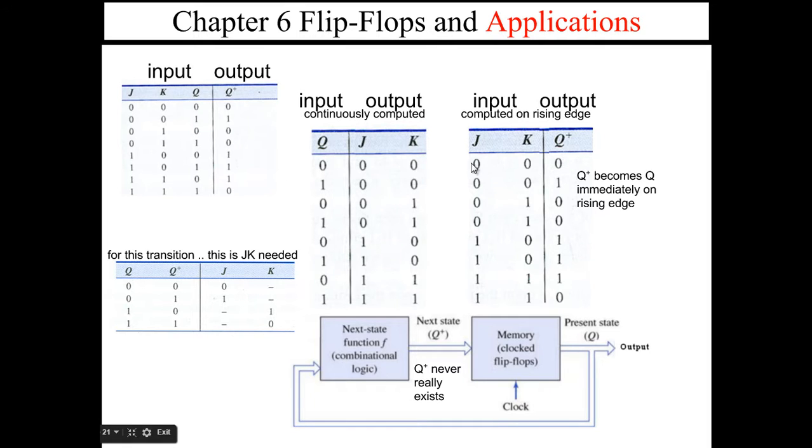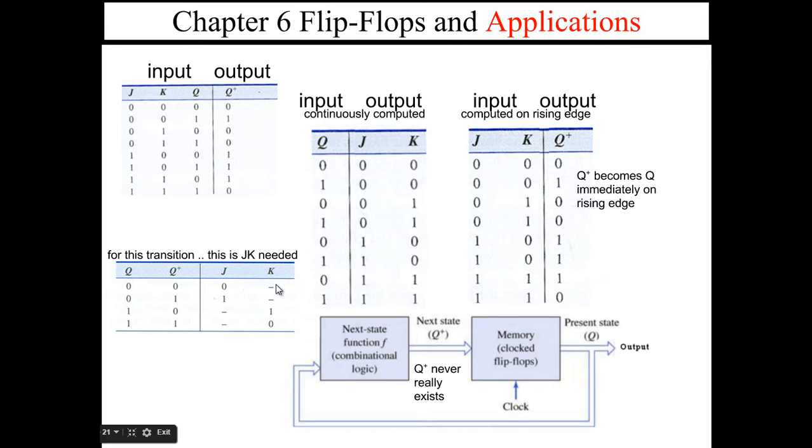So we could just go to a remembering, or we could go to what? A reset. So this row right here and this row right here, both will give us the same result. You can see that in both rows, J is a 0, but K can change its mind.